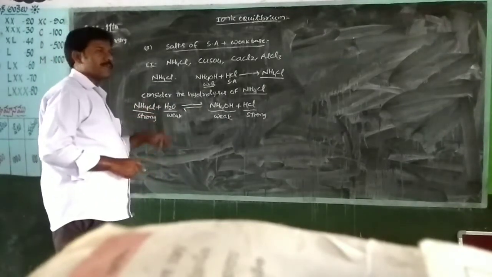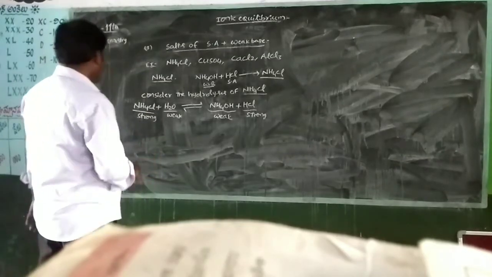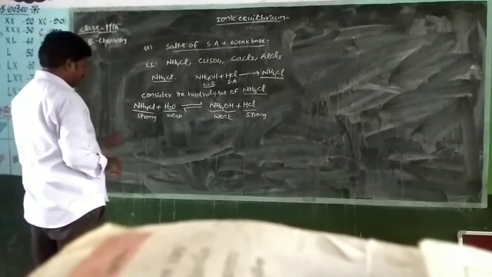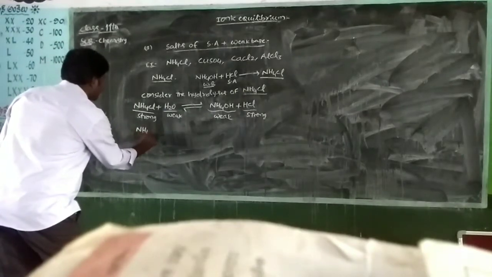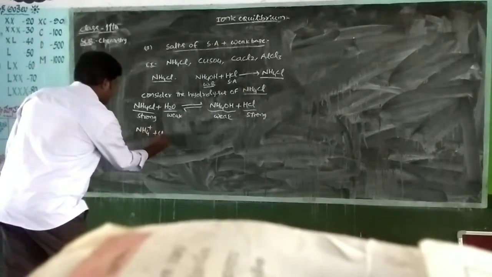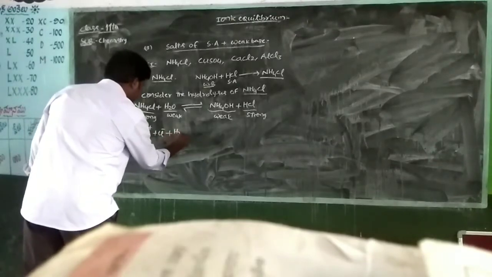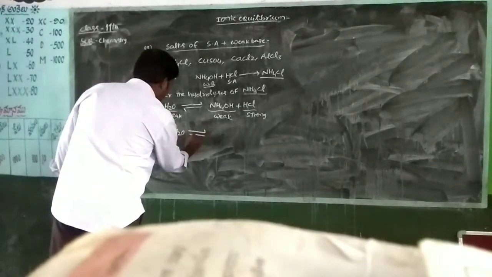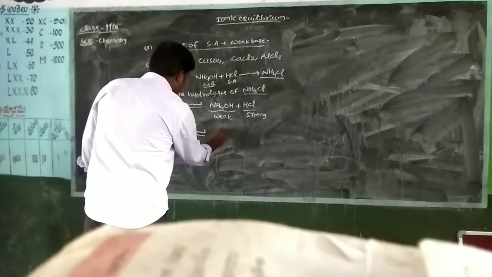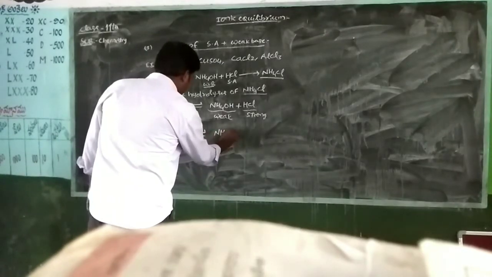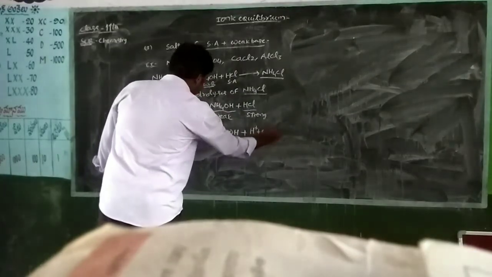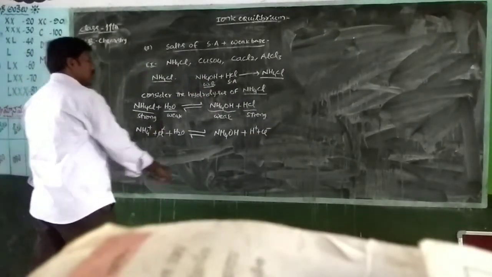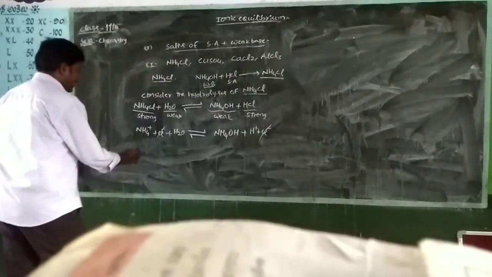Weak electrolyte partially ionized. Okay, in NH4Cl, if you write the ionic form of the equation: NH4 plus, Cl minus plus H2O in reversible reaction, NH4OH does not ionize, H plus and Cl minus. Cl minus gets cancelled.